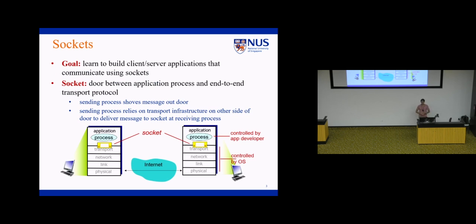A typical network application consists of two programs: one program at the client side, namely your browser, and another program at the web server. When these programs are executed, meaning they are compiled and run, they generate processes on both ends. And the way they communicate is through sockets.